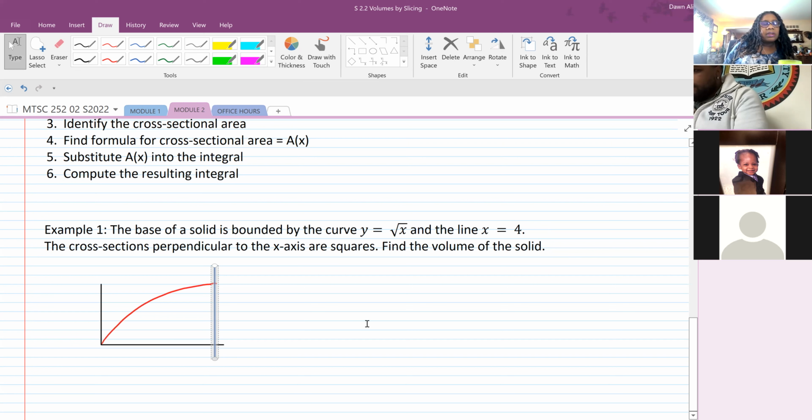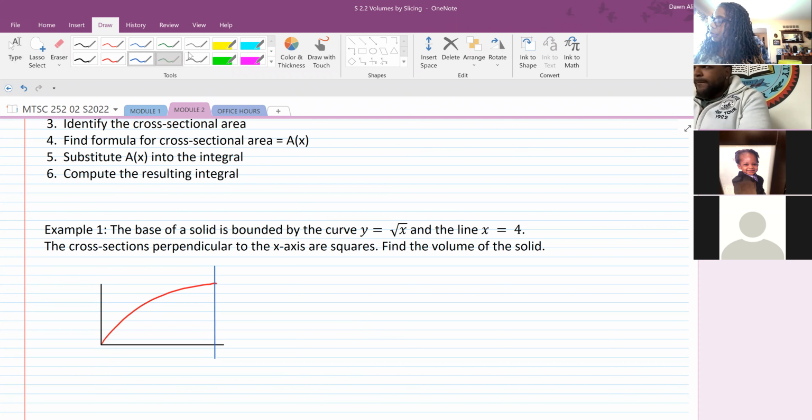So imagine that this is a paperweight and the base of the paperweight is in this shape. But the cross sections of the paperweight are squares. So that means that I have squares sticking up in the air. So this square is sticking up in the air. Here's another one.